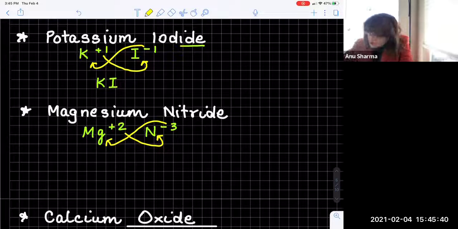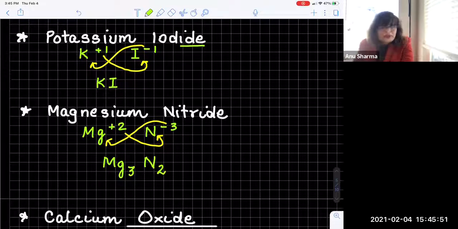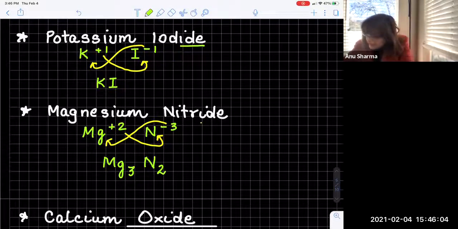Again, this comes through practice. So here is your Mg3N2. This means that there are 3 magnesiums and 2 nitrogen atoms in a molecule of magnesium nitride.